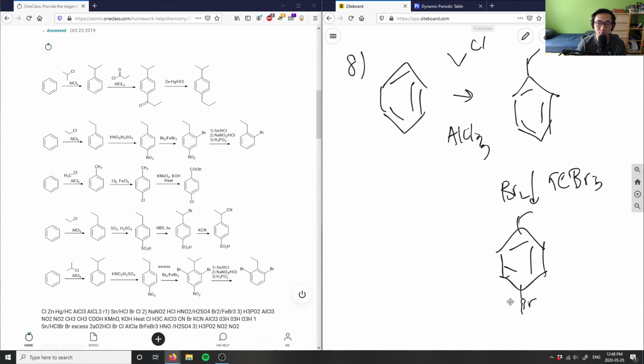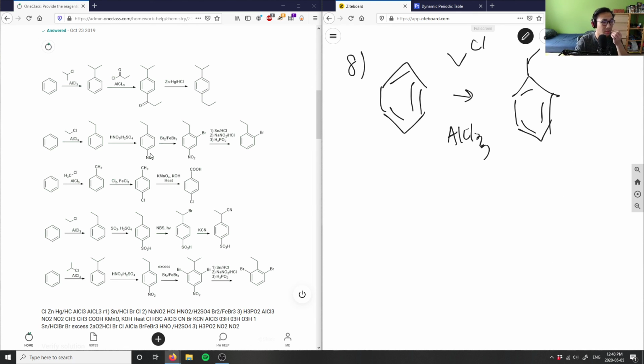So in order to force it to go ortho, we want to protect this group. They're using a blocking group here, nitric acid, to create a protecting group in the para position. So you get NO2 here, and then you can do FeBr3 to bond it to the ortho position.